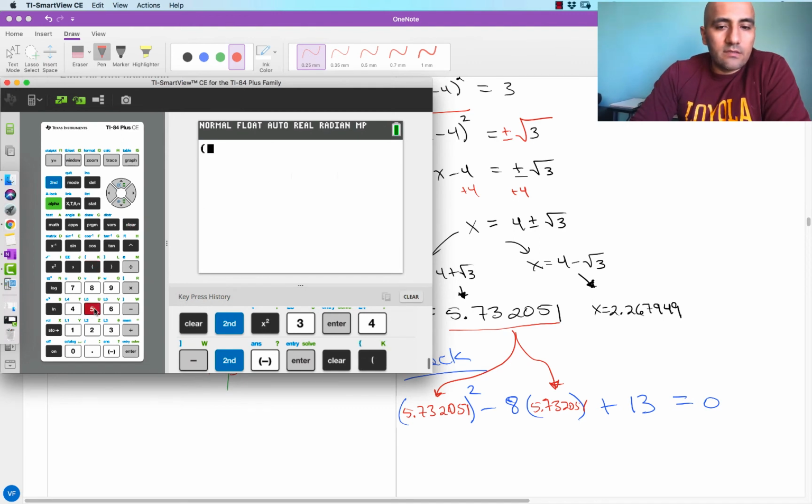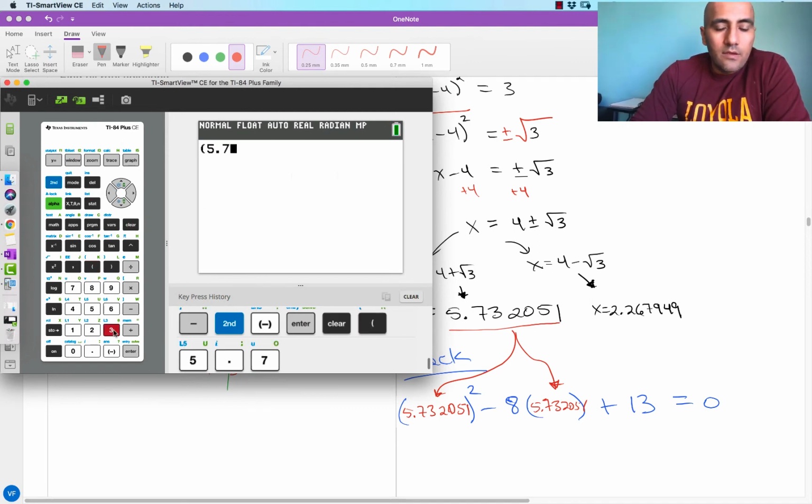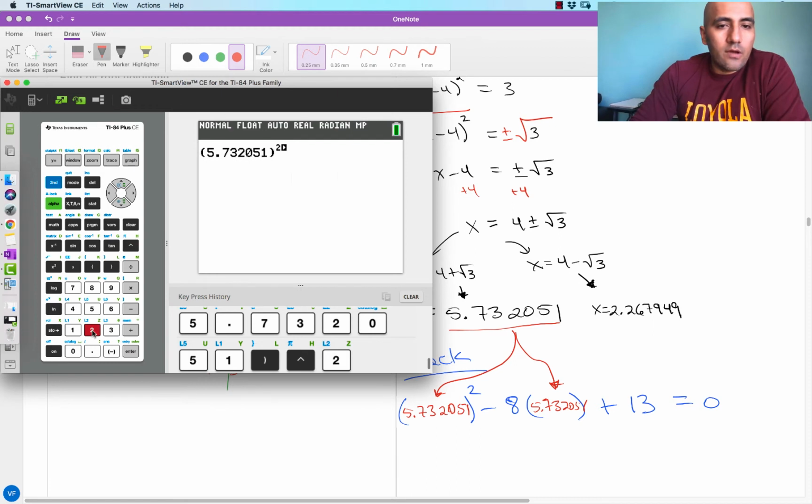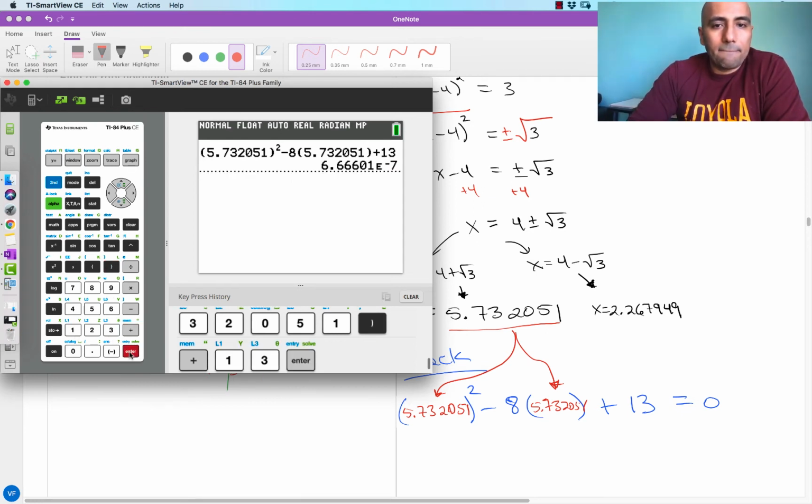Okay, so parentheses 5.732051 close parentheses to the power of 2 and then minus 8 times 5.732051 close parentheses plus 13, enter, and we get something really close to 0, right? So again, I did some rounding, and that's why it's not going to be exactly equal to 0, but this is a really small number, right? Because we have times 10 to the negative 7.